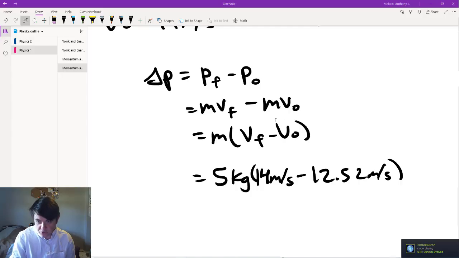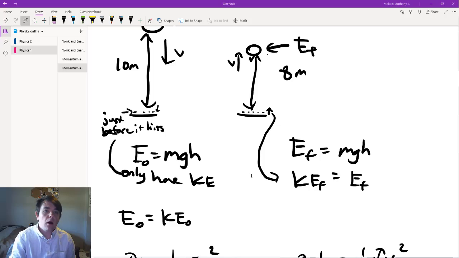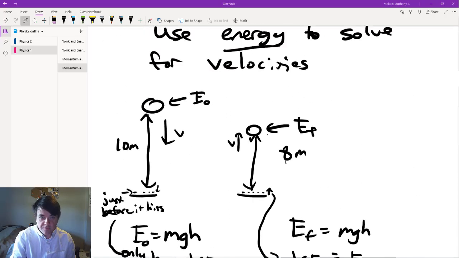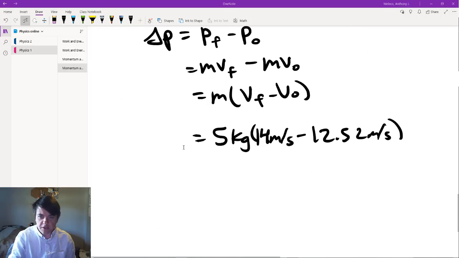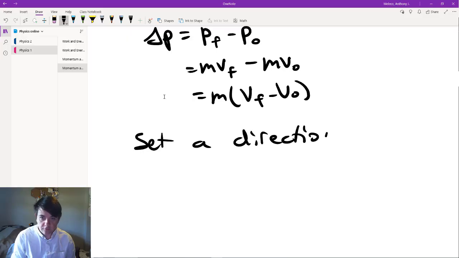Oh, one thing I forgot to mention here is our initial velocity, so we have to set a direction, which I forgot to do, because velocities have a direction. They're a vector, so set a direction. Let's say up is positive.